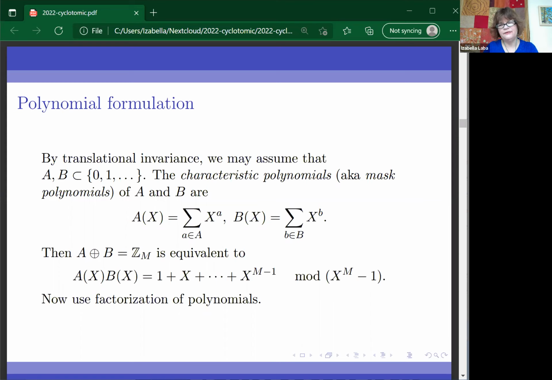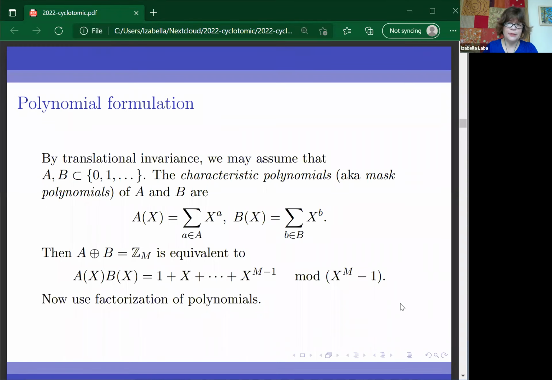And then we can define the mask polynomials or characteristic polynomials by saying that A(x) is the sum of x^a, where a runs over all elements of A, and likewise for B. And then the tiling condition is equivalent to saying that A(x)B(x) is 1 + x + and so on + x^(n-1) mod x^n - 1.